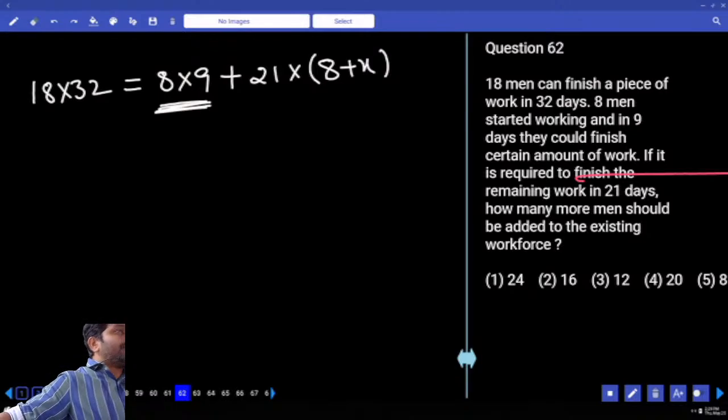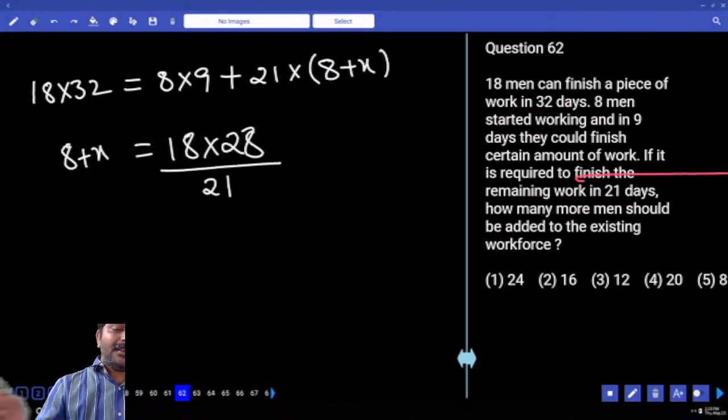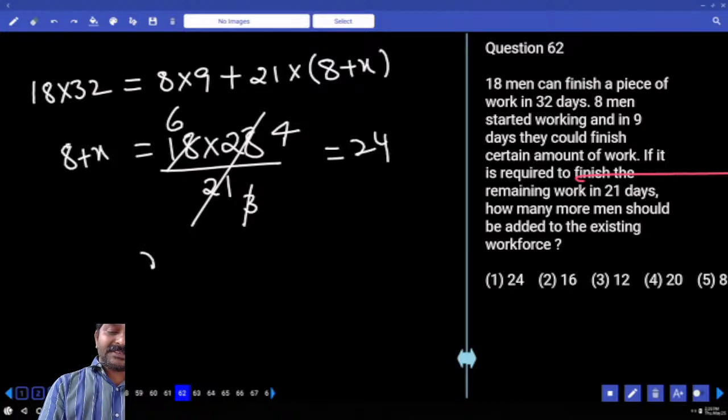Already 18 times 32 we have, minus 18 times 4. Finally, 18 how many times? 28. 8 plus x is equal to 18 times 28 divided by 21. 7, 4 times, 3 times, 6 times is 24. X is equal to 16.